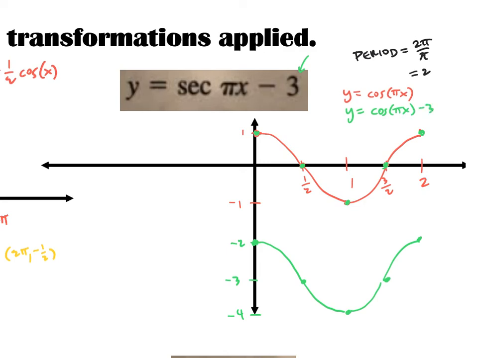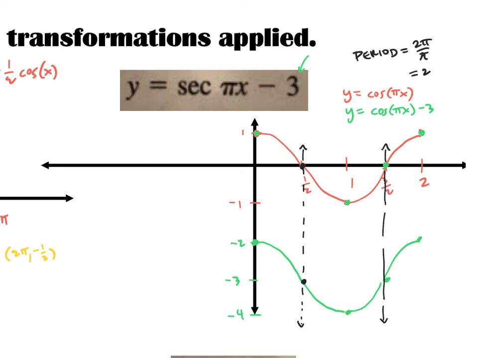So how do I turn that into secant pi x minus 3? Okay, so wherever the zeros were, right, now the zeros will be, right? Even though it's not a 0, that is where the vertical asymptote will be located. So I'm just going to go ahead and do a number on that.